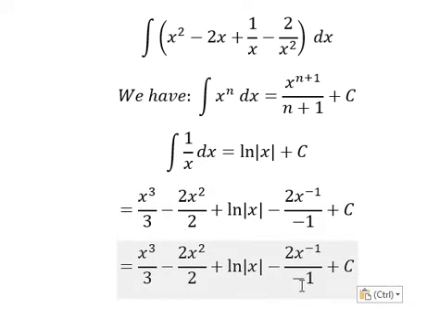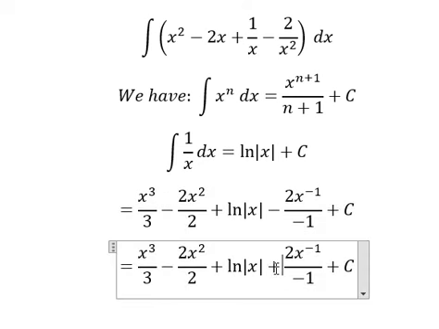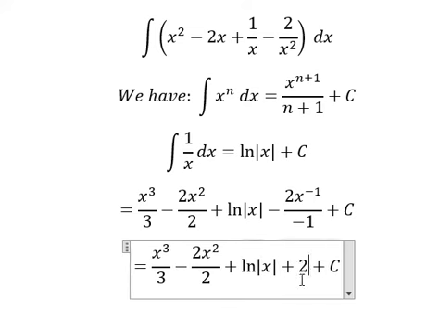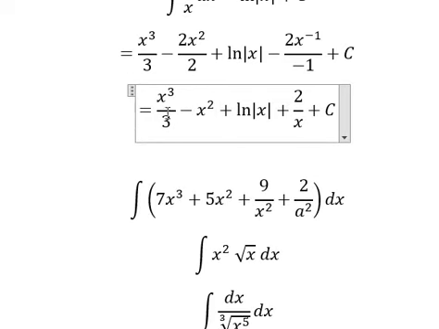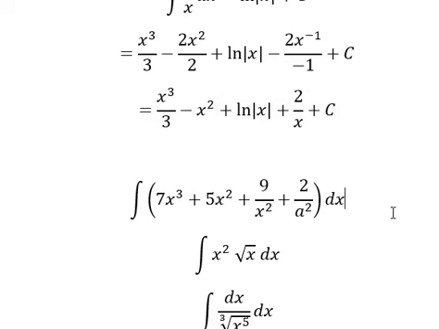So negative we cancel. This one we write about 2 over s. Number 2 and number 2 we cancel. And this is the answer for question number 1.